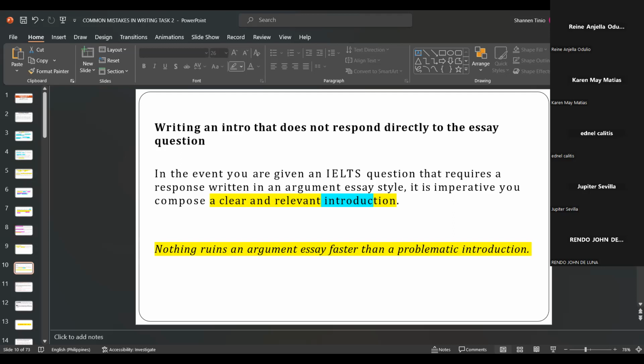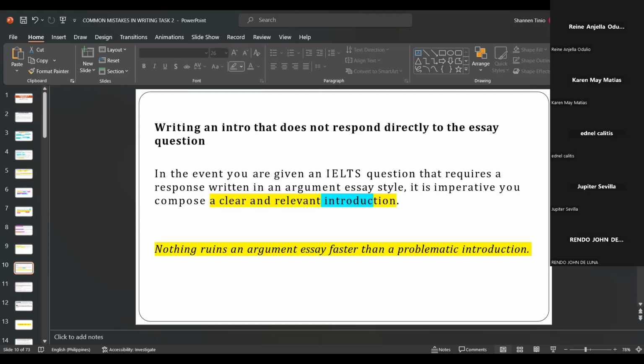Thesis statement is like, I will be mentioning the most important reasons why I will be discussing the important reasons why young people are currently into illegal drugs.